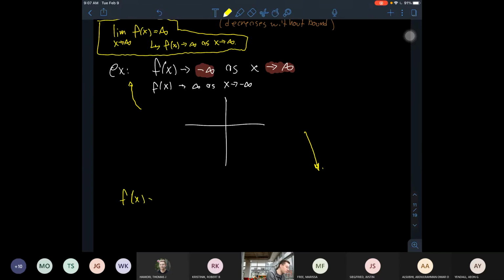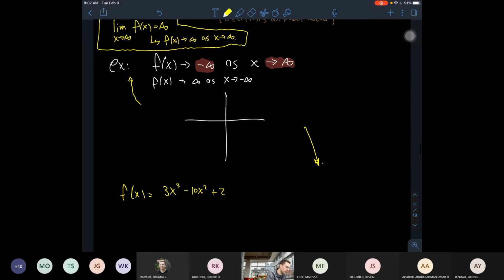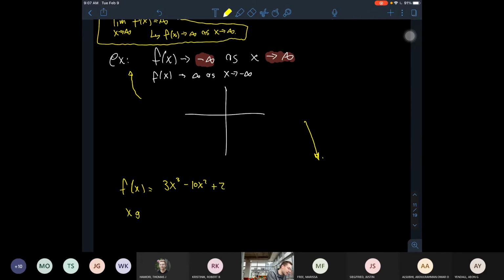If we have f of x equals 3x cubed minus 10x squared plus 2, if we consider x getting very big, we're going to notice that 3x cubed will outweigh negative 10x squared plus 2.